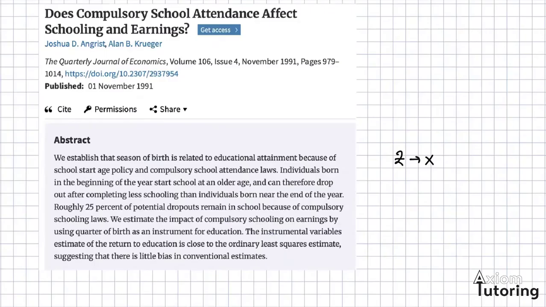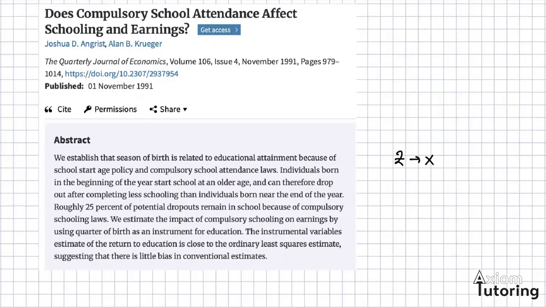But they don't spell out the exclusion argument explicitly here. It's implicit in the choice of the instrument that they have used. The argument is there is no plausible biological or social reason why being born in January versus October should directly affect your wages. And the only channel is through schooling. So that's the exclusion restriction argued, not proven.